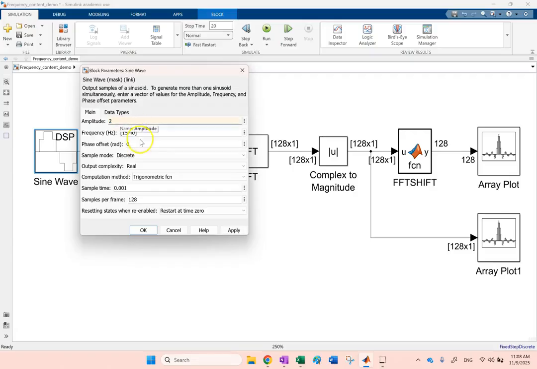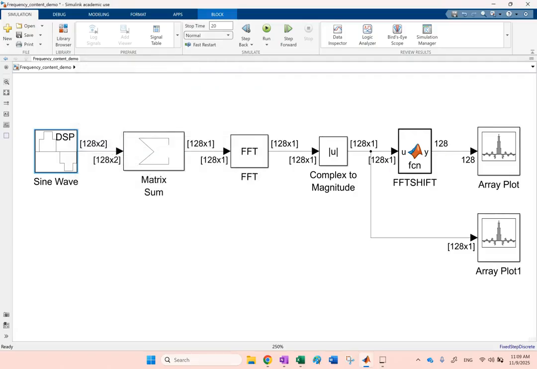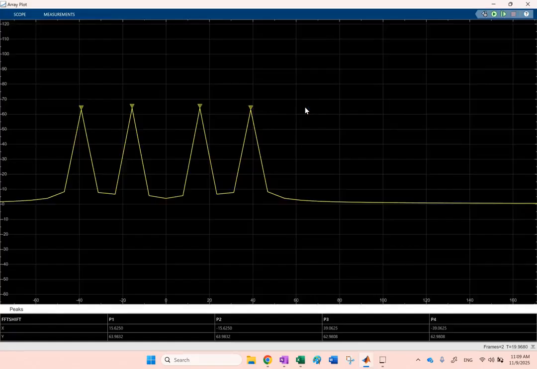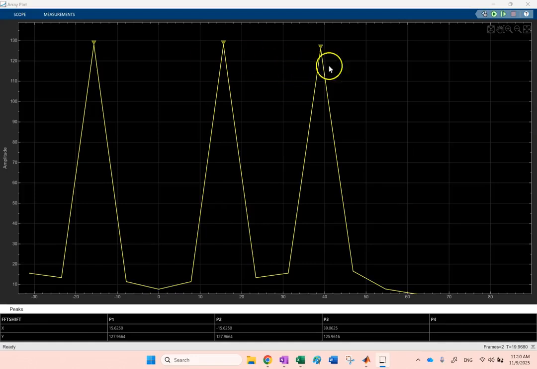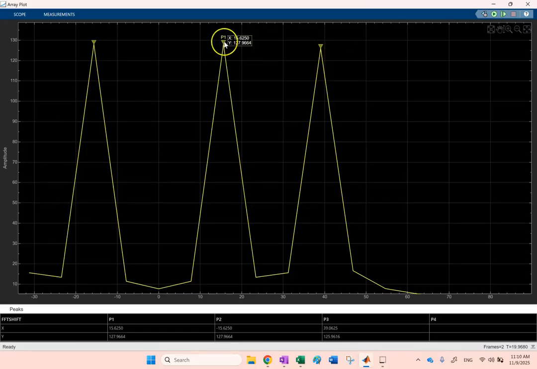If I change both magnitudes to 2, what will happen to the things that you see in the FFT? Let's run it. So you expect them to be 2 times 64 this time. So this is the one with proper FFT shift, and look at that here. You see? The magnitude is now about 126, and this one should be about 128. The same frequency, 15 and 40, but the magnitudes are doubled.